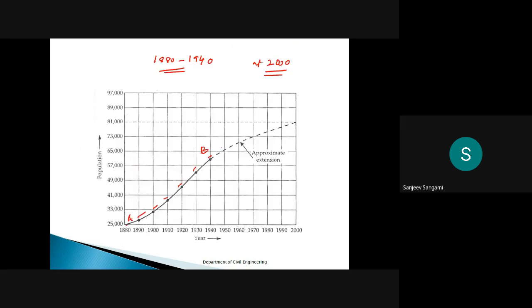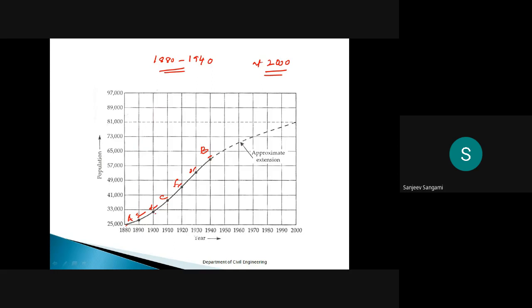Assume this is A, B, this point is C, this is D, this is E, this is F, this is G. See how exactly it is increasing. From here to here, how much is the growth rate? Here to here, how much? From this point to this point, how much?